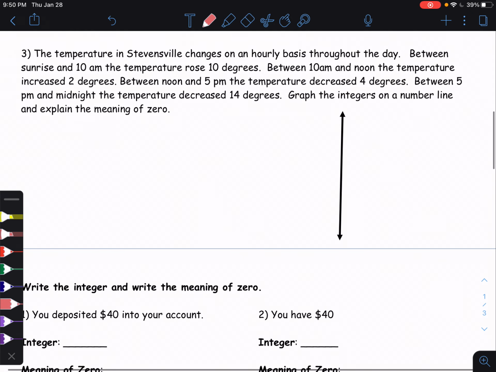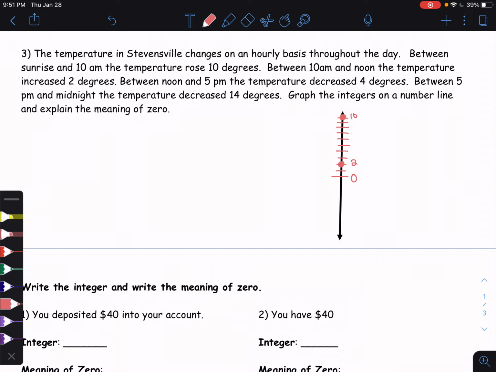Number 3 says the temperature in Stevensville changes on an hourly basis throughout the day. Between sunrise and 10 a.m., the temperature rose 10 degrees. So 1, 2, 3, 4, 5, 6, 7, 8, 9, 10. So here's 10. I'm going to put a 10 there. Between 10 a.m. and noon, the temperature increased 2 degrees.